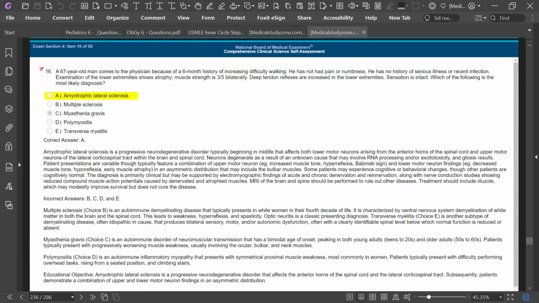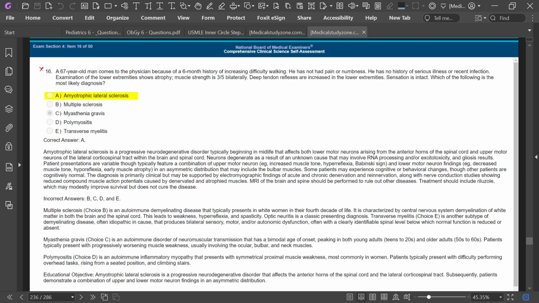Amyotrophic lateral sclerosis, also known as Lou Gehrig's disease, is a progressive neurodegenerative disorder typically beginning in midlife that affects both lower motor neurons arising from the anterior horn cell of the spinal cord and upper motor neurons from the lateral corticospinal tract within the brain and the spinal cord.